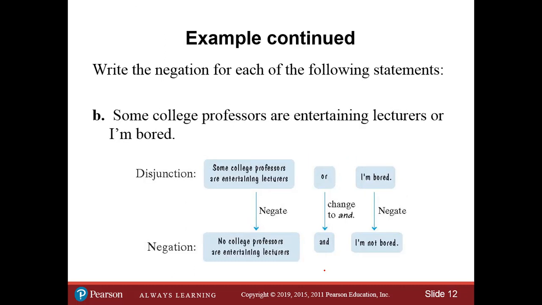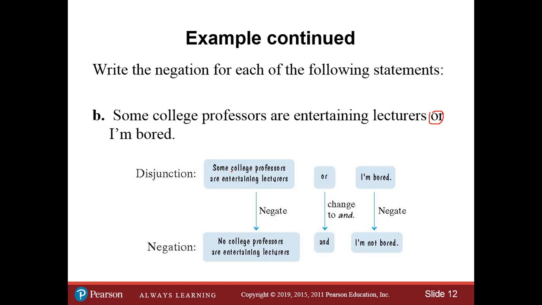So what about this one? Here it says some college professors are entertaining lecturers, or I'm bored. This is a disjunction with or. If we want to negate a disjunction, we negate both sides and change the or to an and. Now this is an existential quantifier.